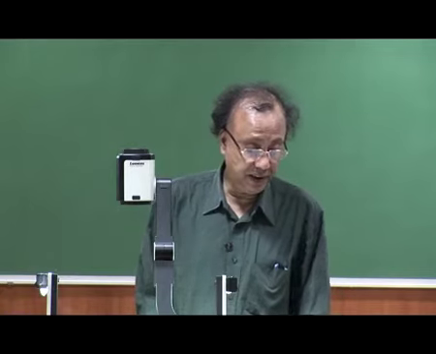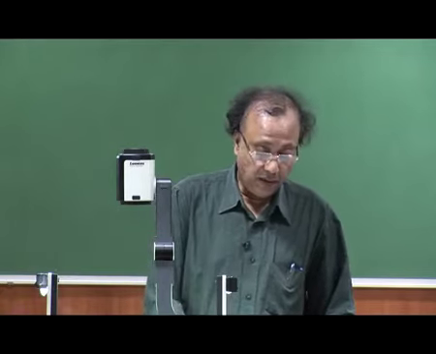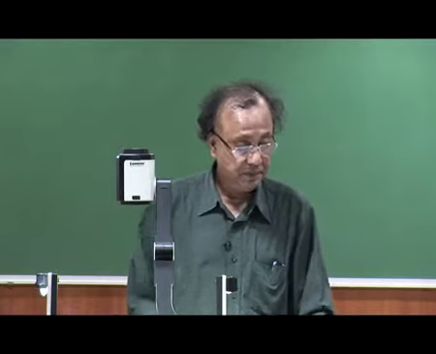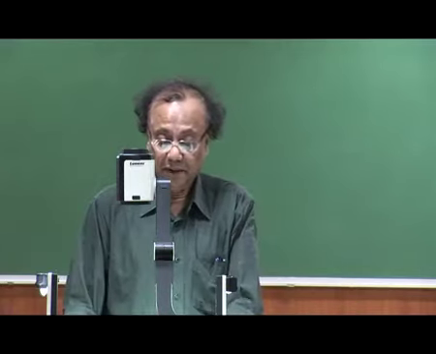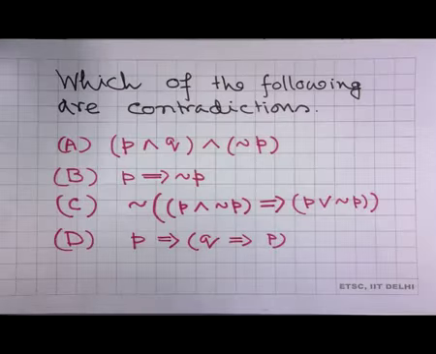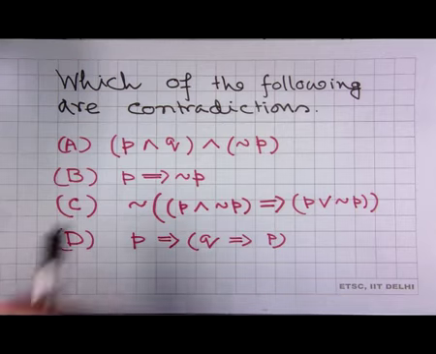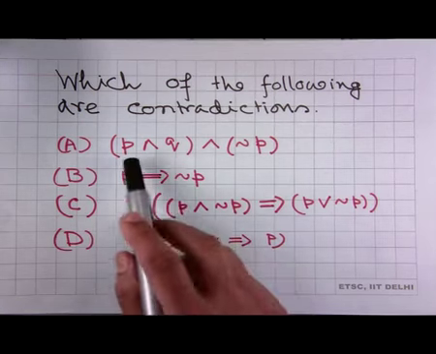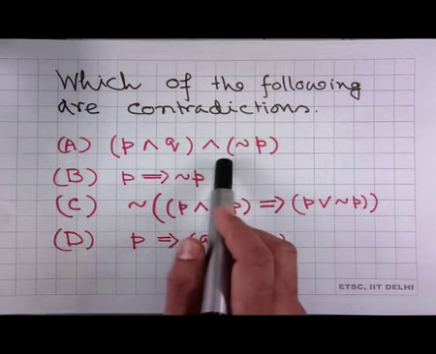Okay, students. Now, let me take up another problem. This is the problem. Which of the following are contradictions? What do you mean by a contradiction? A mathematical statement is said to be a contradiction if it is false for each combination of the truth values of the component variables.